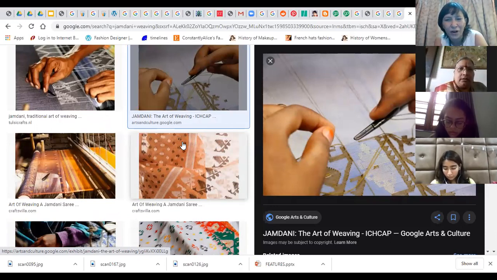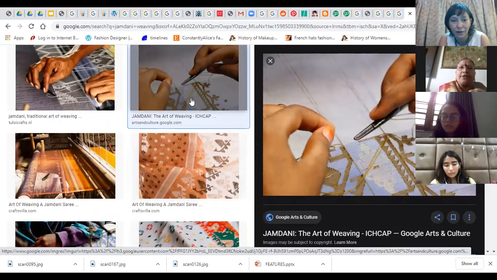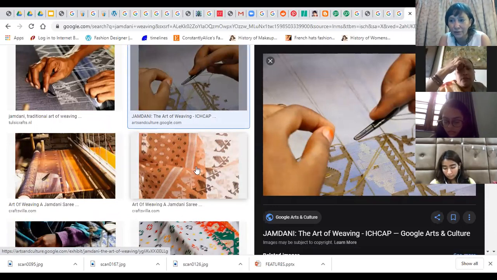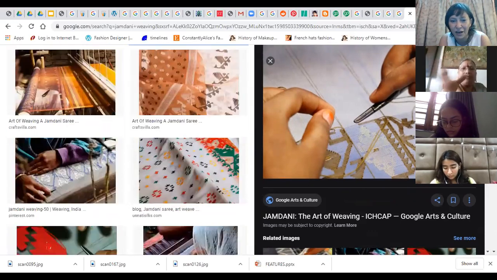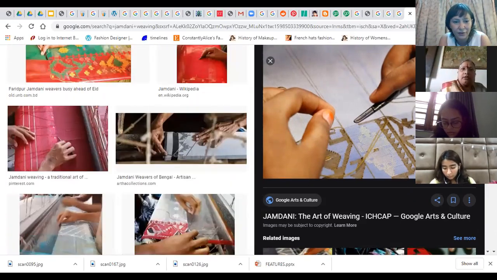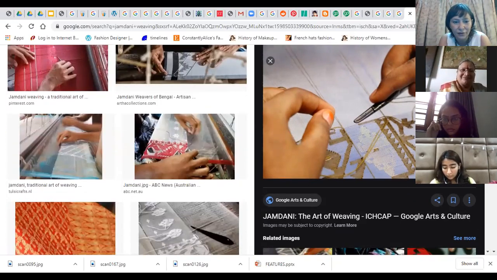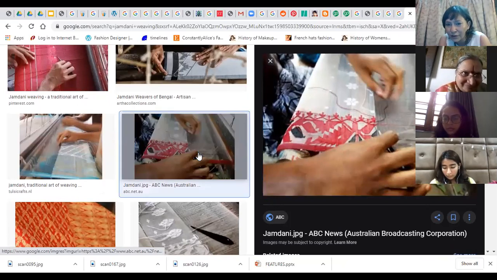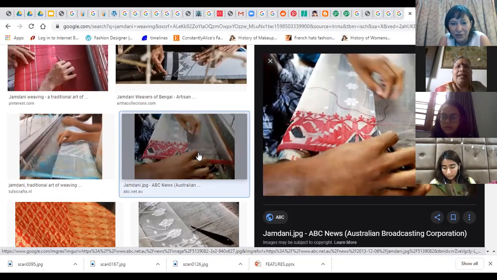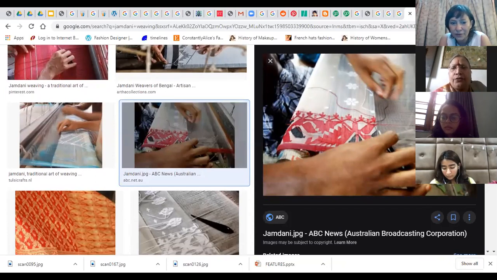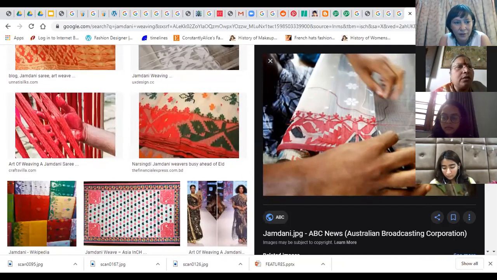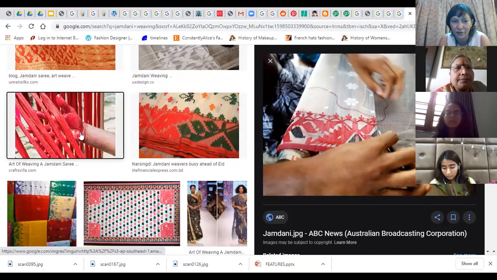It looks like embroidery on threads. Actually embroidery while weaving. These start at around 4,000 onwards to 50,000.